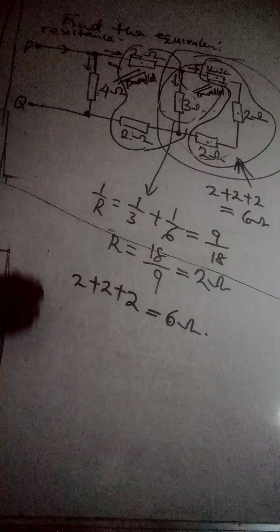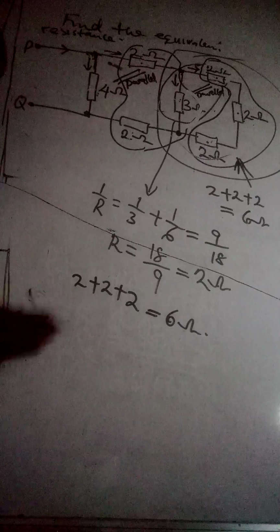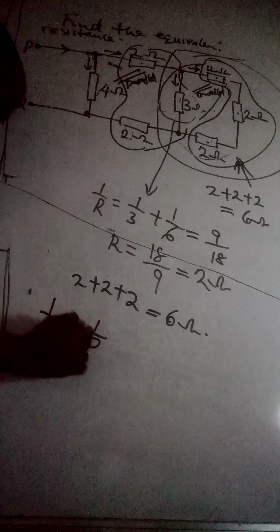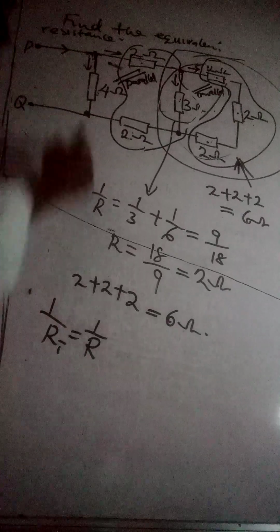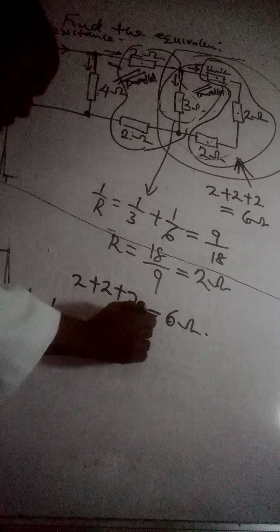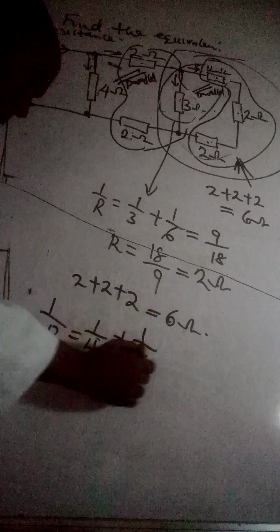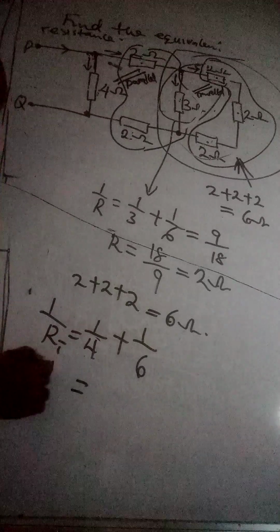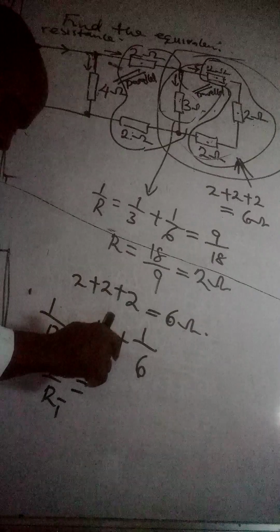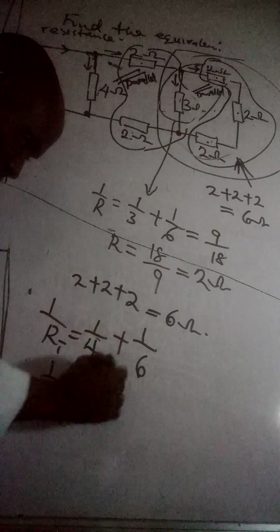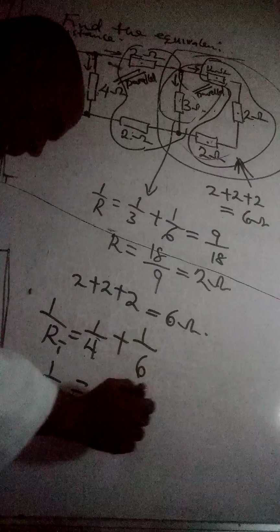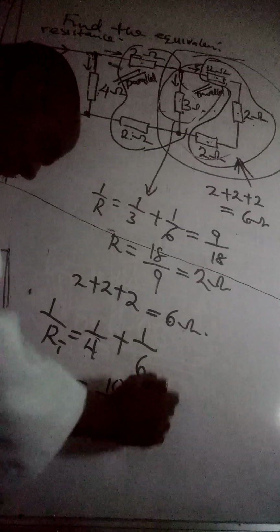So that means total resistance now, 1 over RT will be equal to 1 over 4 plus 1 over what? 6. That will give us 1 over RT equals 10 over what? 24. Okay? So what will now be RT?